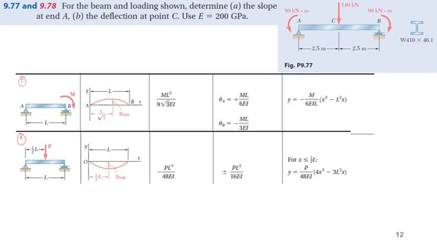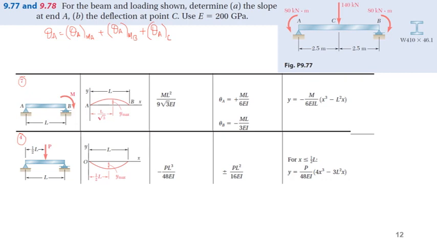If I want to find theta A, it will be equal to theta A, right, due to loading 1, and let me write that, moment at A, plus theta A due to moment at B, plus theta A due to load at C.